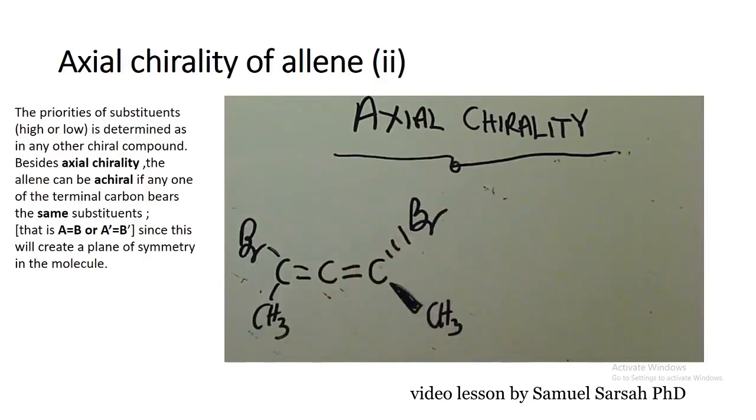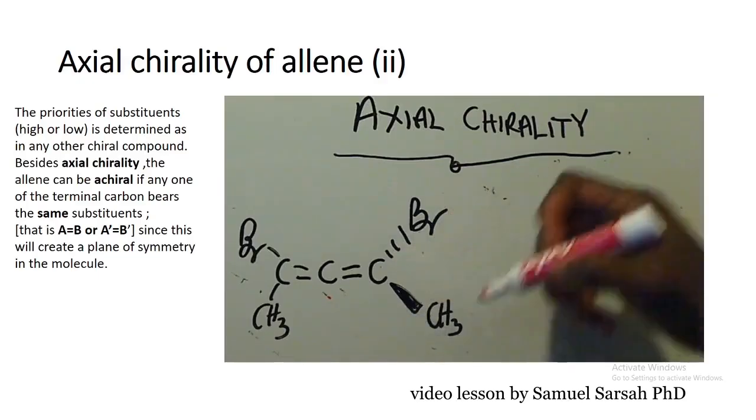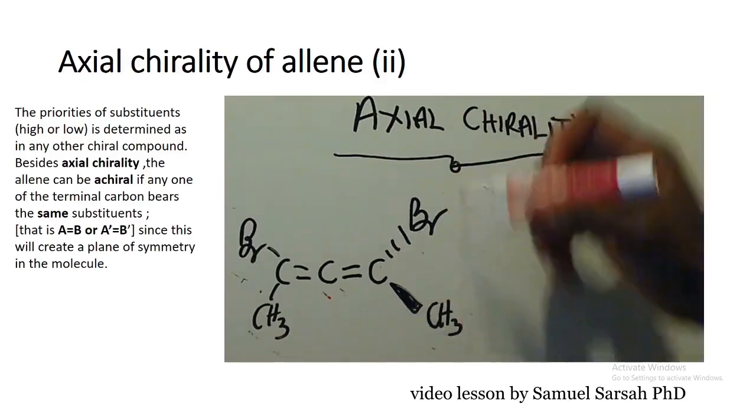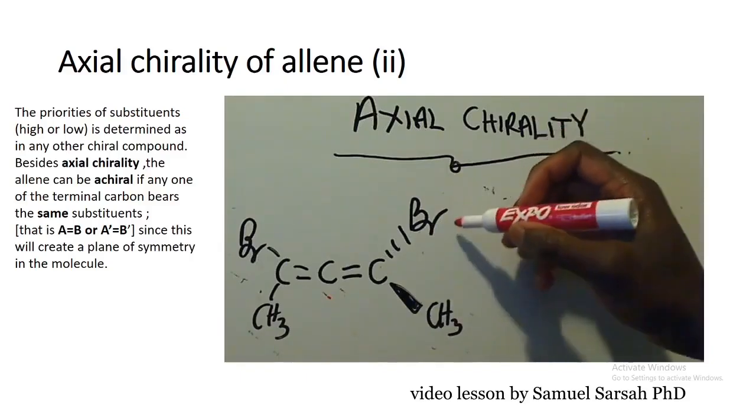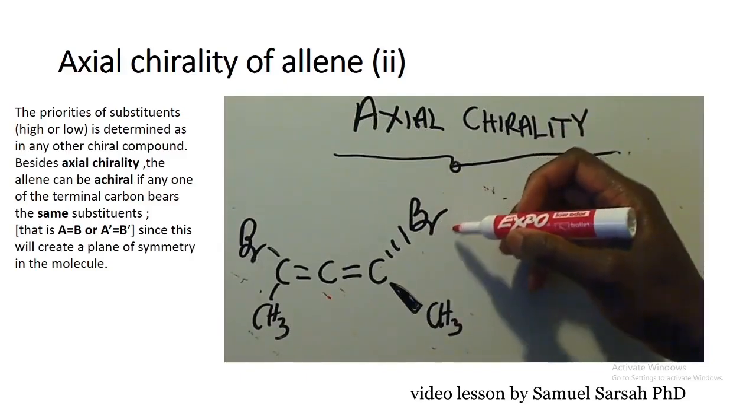Okay, so I'm going to assume we have a compound that looks like this. And on this carbon we have bromine and a methyl group. Of course, bromine has a higher priority than a methyl group.